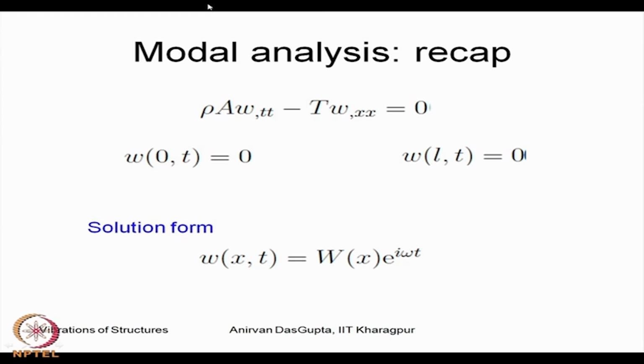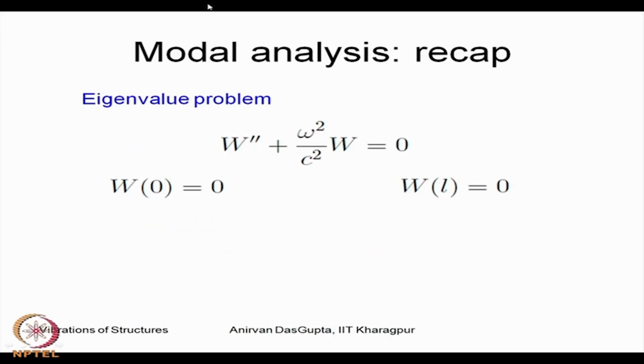Now, we substitute this solution form in the equation of motion, and what we obtained was the eigenvalue problem, consisting of the differential equation as is shown here and the corresponding boundary conditions.